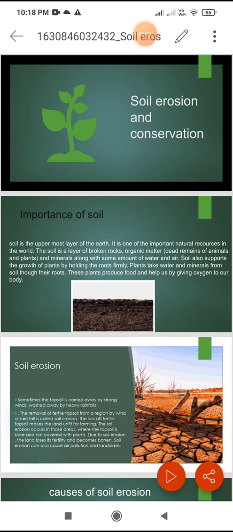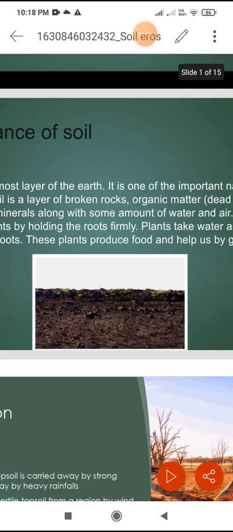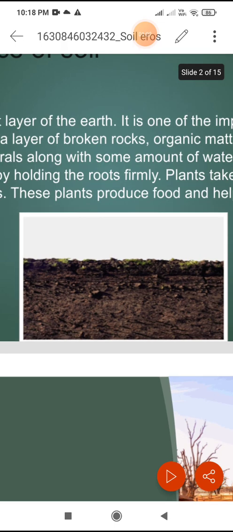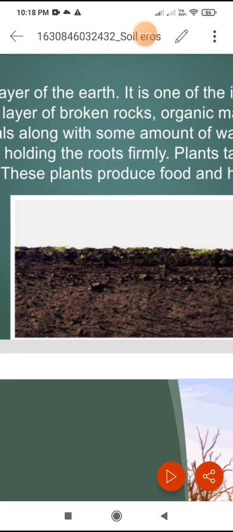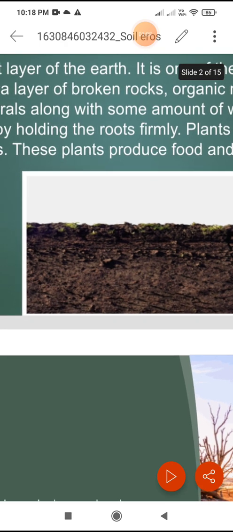It filters the water which seeps down into the soil, and the presence of microorganisms in the soil makes the soil very fertile. So the bacteria are the microorganisms present in this soil, making it very fertile.